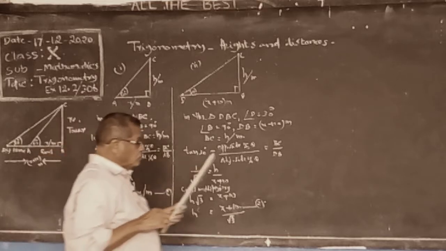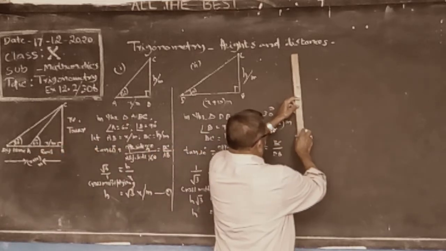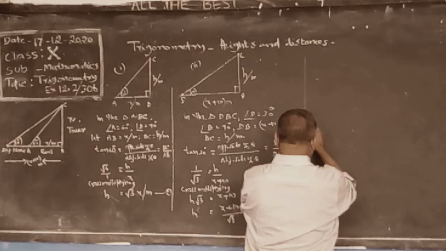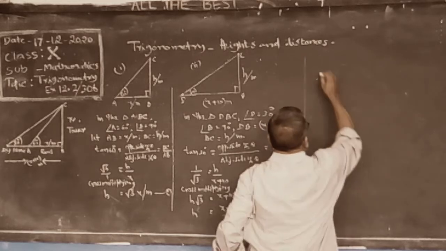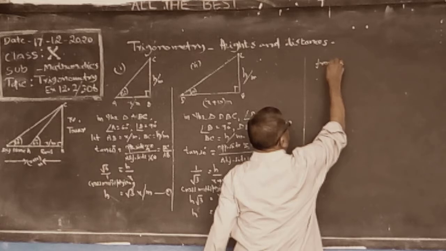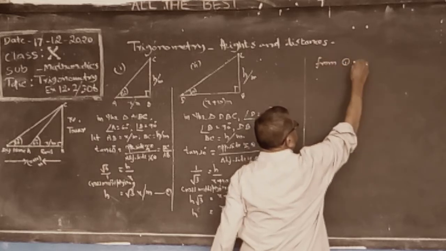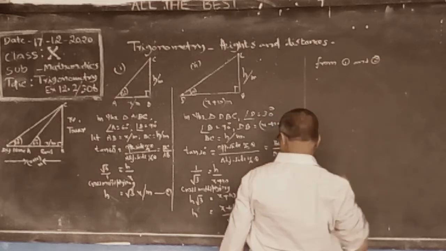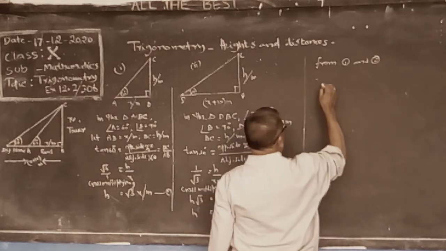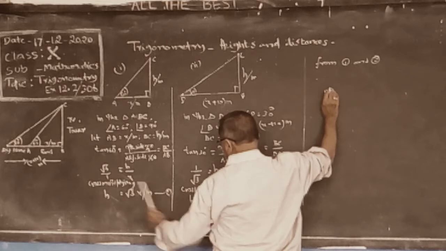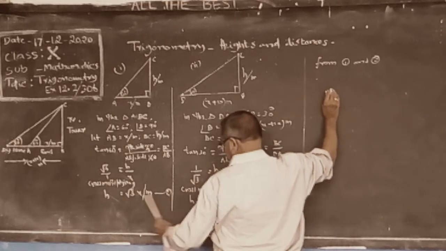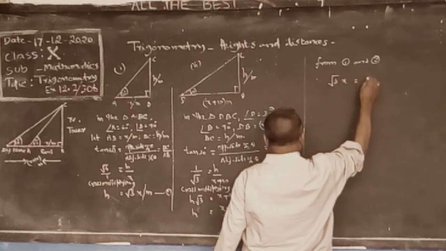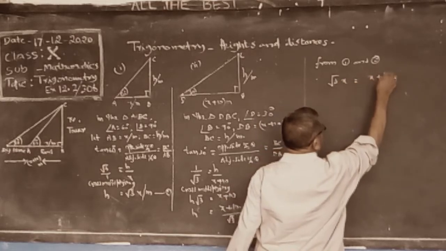Now from 1 and 2, the LHS are equal, then the RHS is equal: root 3x is equal to x plus 10 by root 3.